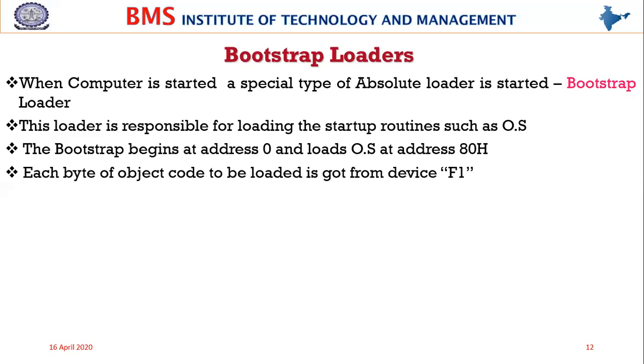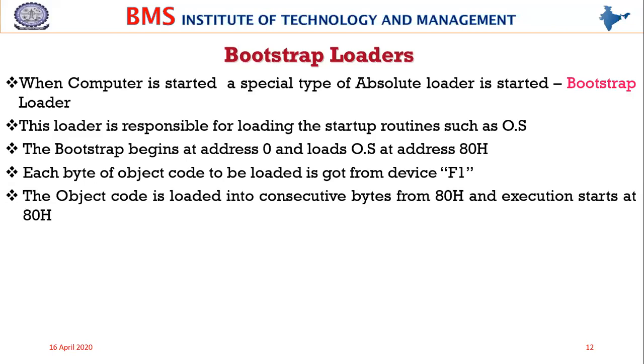From the device F1, we will be loading the operating system, and then the object code is loaded into consecutive locations starting from 80H. As your start address is 80H, your execution will also start from 80H. We shall see the example program, which will help us understand this concept of the bootstrap loader.